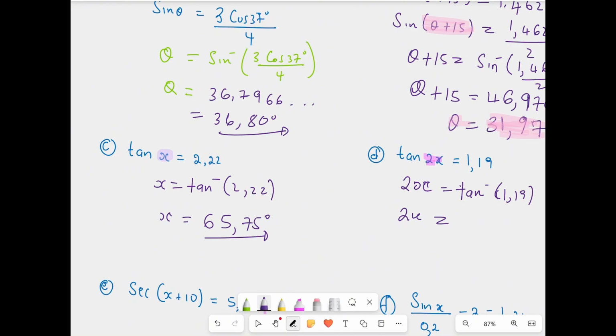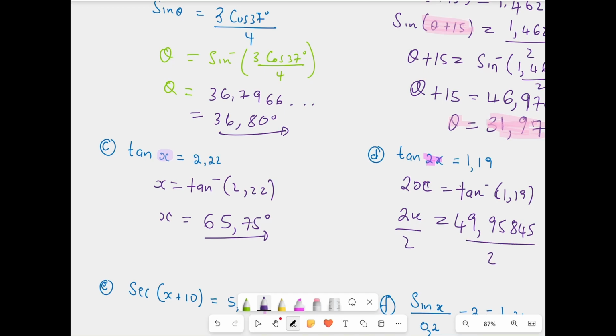Arctan of 1,19. Let me see the calculator. Where's my calculator now? So we have shift tan 1,19, which is equal to 49,95845, and then we divide by 2.